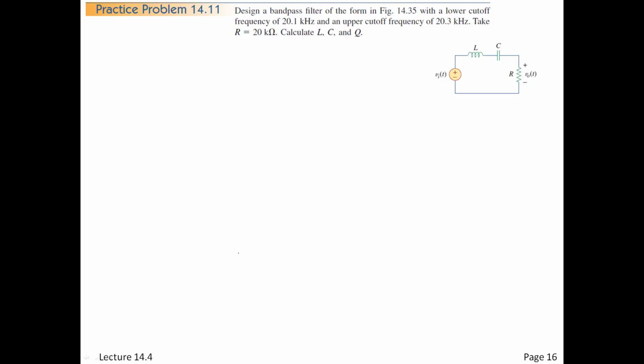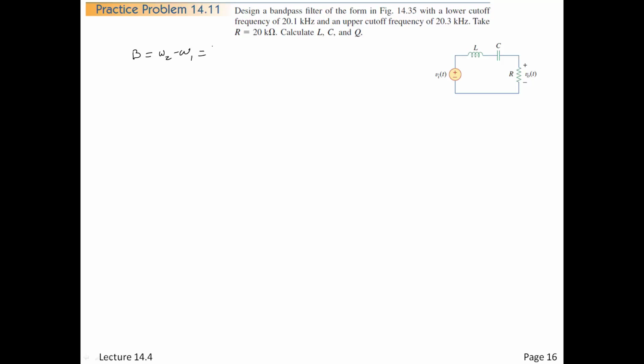All right, let's look quickly at a bandpass filter in problem 1411. So here we've got several components given and several not given. They've given us the upper cutoff and the lower cutoff, so that's the bandwidth. The bandwidth is equal to omega 2 minus omega 1.